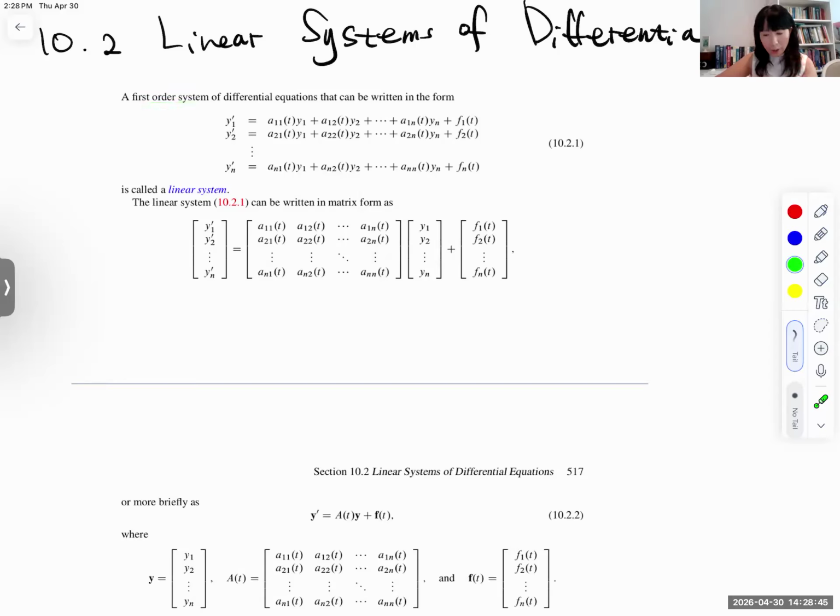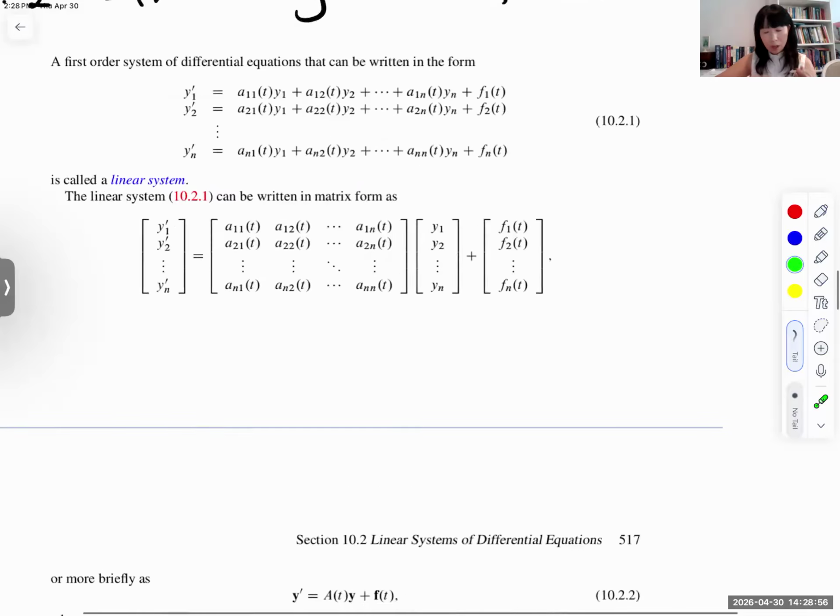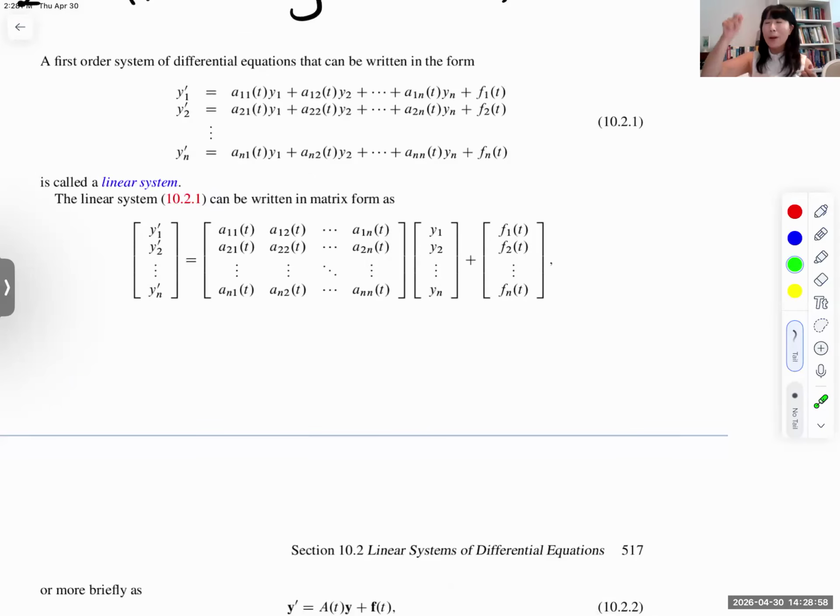Then we have y prime sub 1, y prime sub 2, and so on until y prime sub n. And then we have a sub 1 1 of t times y sub 1 plus a sub 1 2 of t times y sub 2 and so on, and then f sub 1 of t, right?